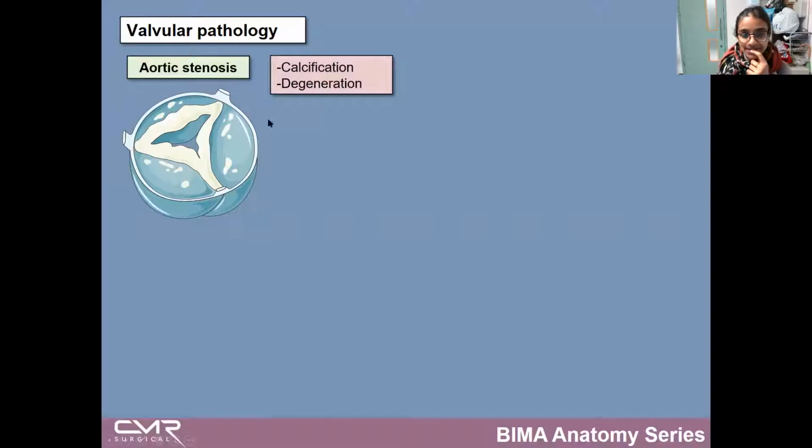What causes aortic stenosis is old age, essentially, when your valve becomes calcified and undergoes general degeneration, you can have aortic stenosis, which, stenosis, I'm sure you all know, is just narrowing of the valve. It becomes really tight and doesn't allow blood to flow through it as nicely.